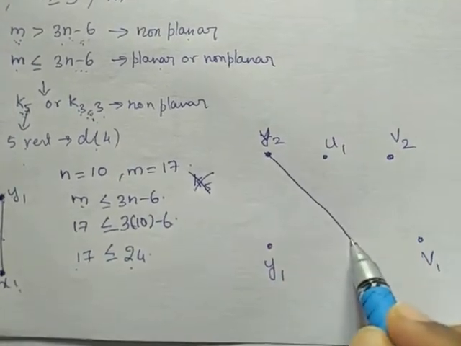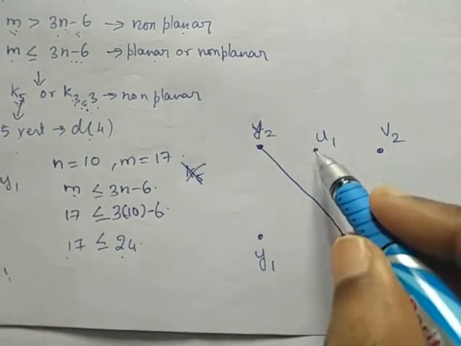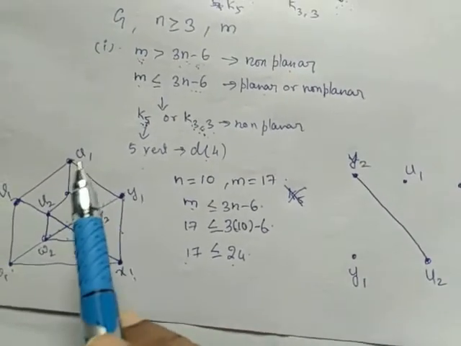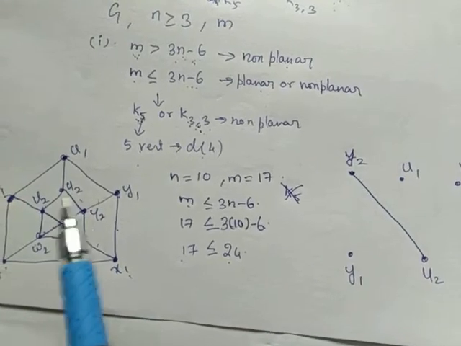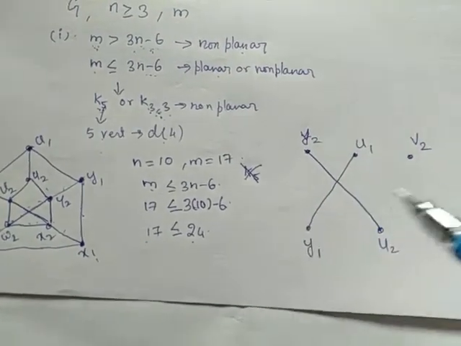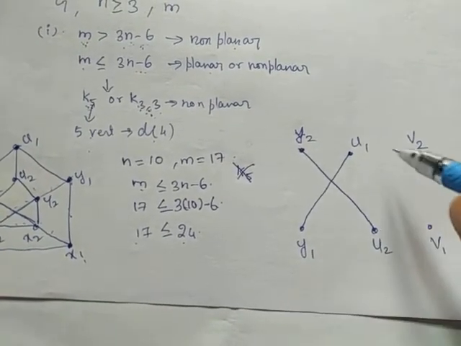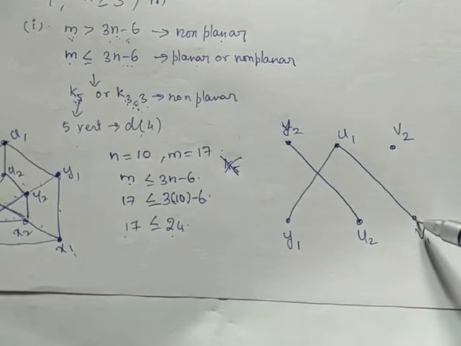Y2 is connected to U2. U1 is connected to Y1 directly. So if we consider all these things, we will get a graph in this form.